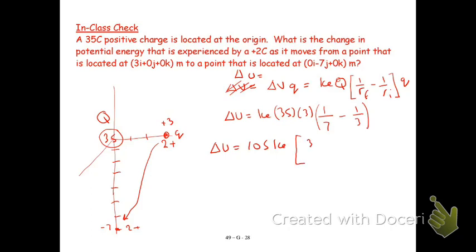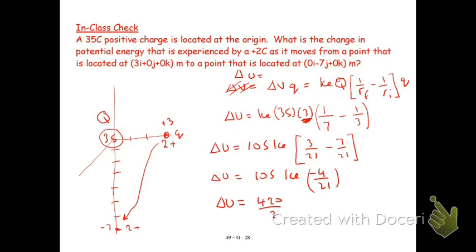I'm going to have 3 over 21 minus 7 over 21. The little q is there. So that's going to be 105 KE minus 4 over 21. So delta U is equal to 420 over 21 KE joules, whatever that turns out to be.